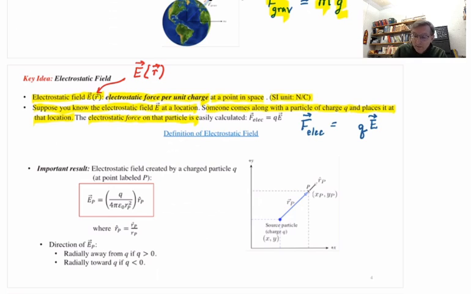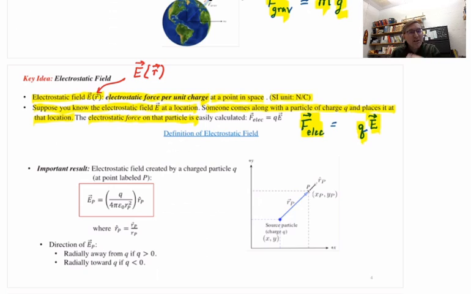Okay? So if you already know E at a certain location, and somebody comes along with a particle of charge Q and puts it at that location, do Q times E to get the force on the particle. See how I'm arguing just like I did in the gravitational case? Gravitational case is using mass and gravitational field, and this case is using charge and electrostatic field.